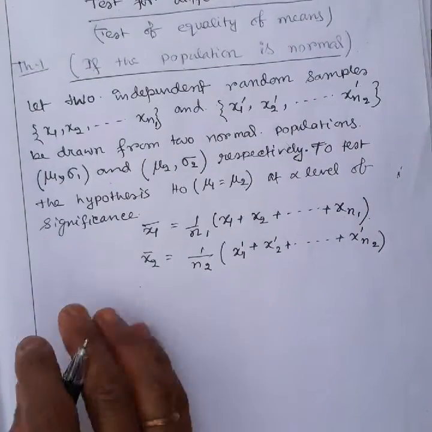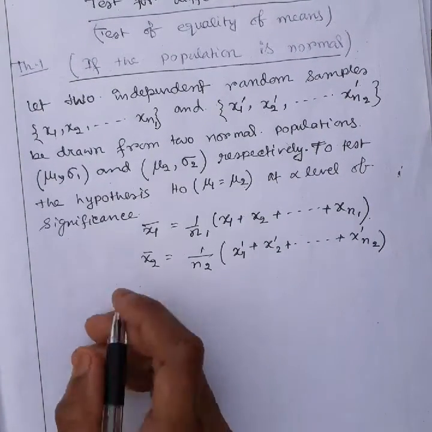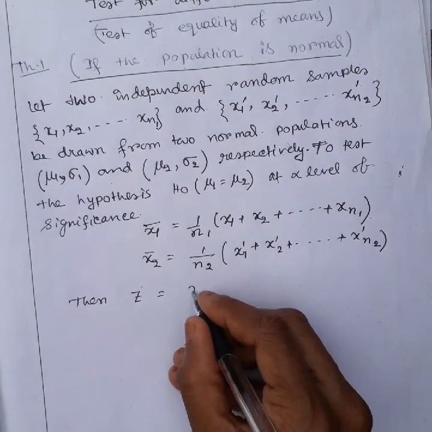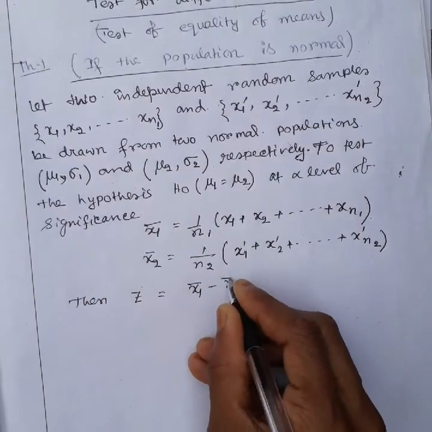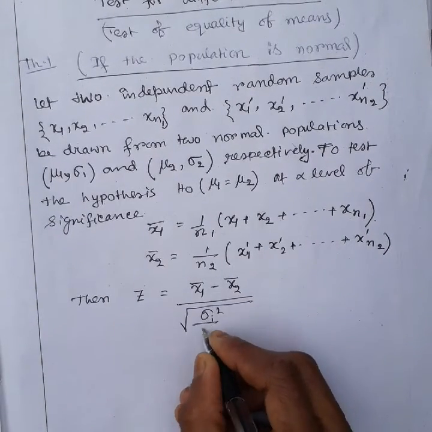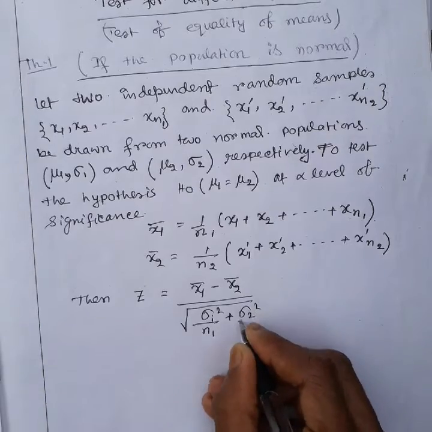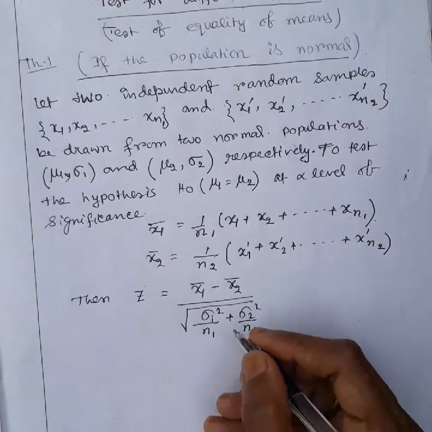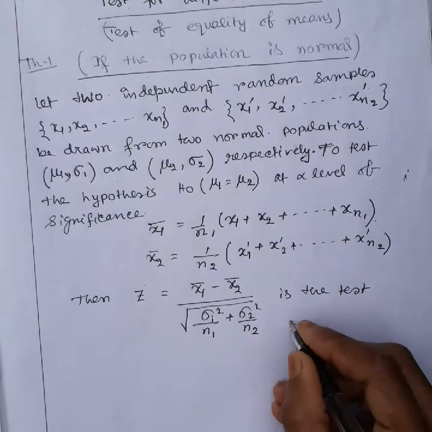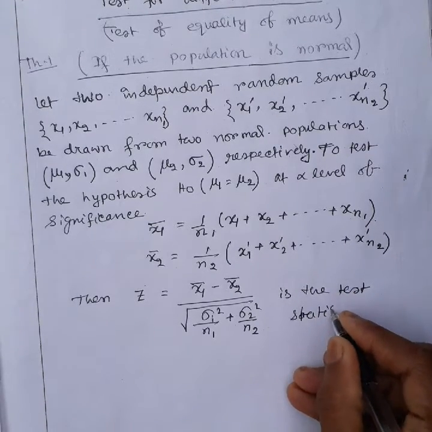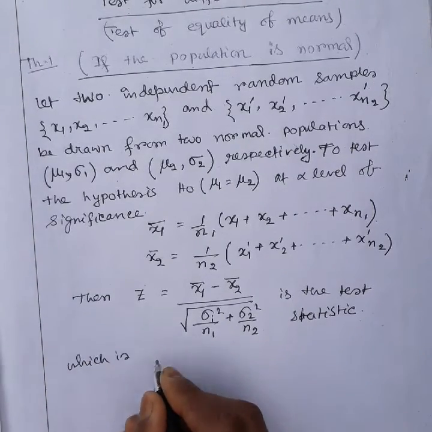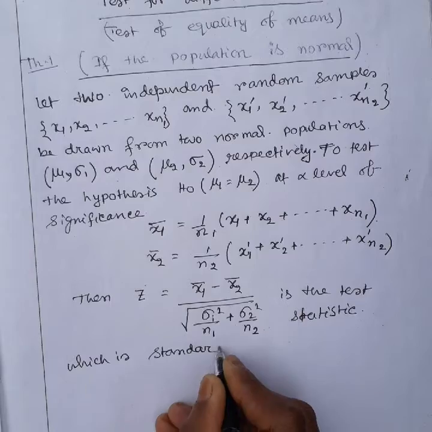Here x1 bar and x2 bar are the means of these two samples. Then z is equal to x1 bar minus x2 bar by root over of sigma1 square by n1 plus sigma2 square by n2. This is the test statistic, which is a standard normal variate.